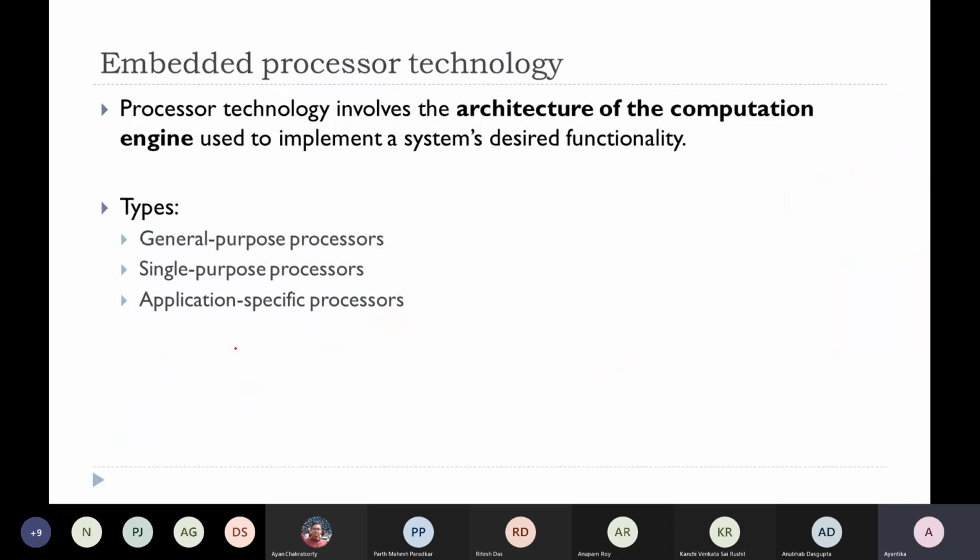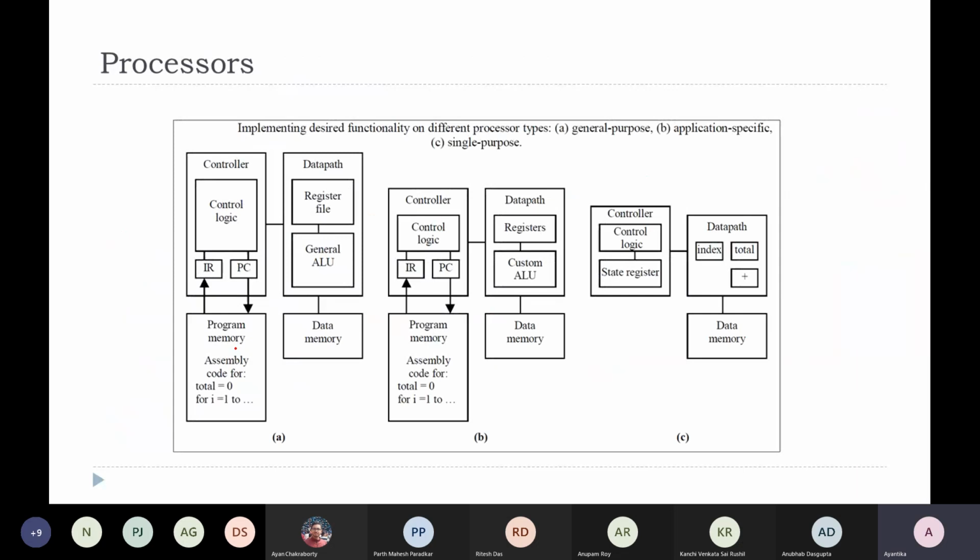Now, when we are talking about embedded systems, of course, we are concerned about the processor. So when we are talking about processors, they look like this. You can think these are the components.